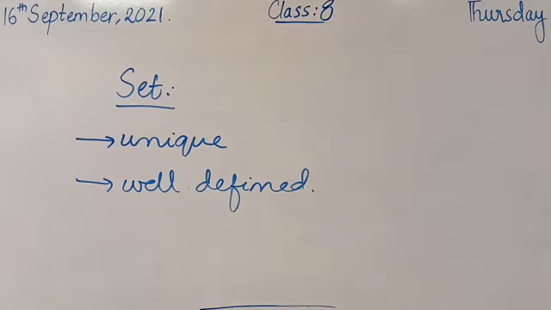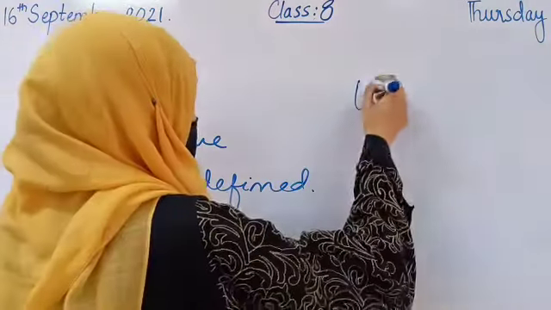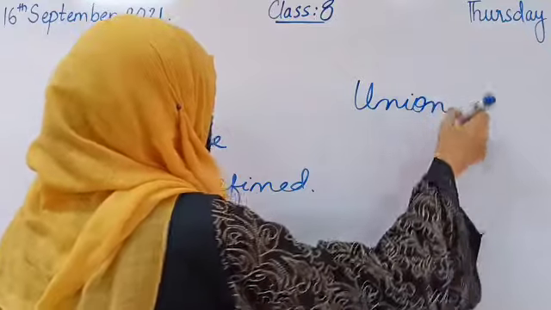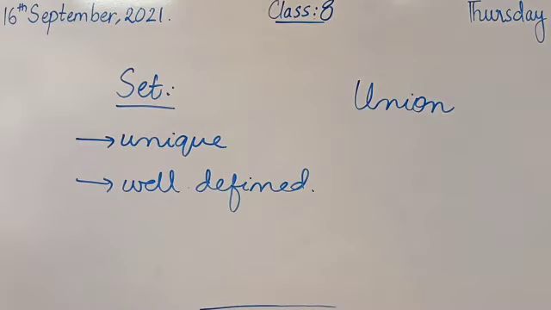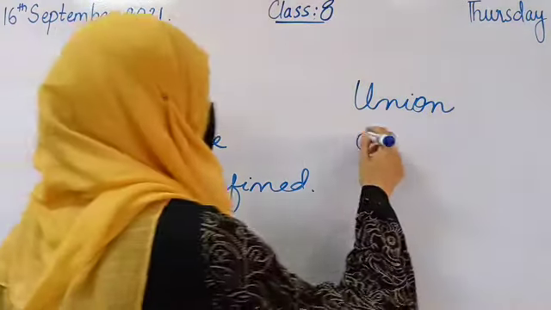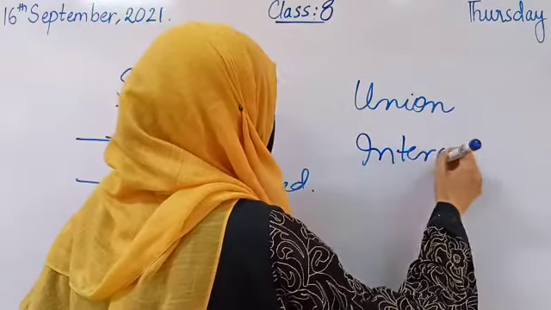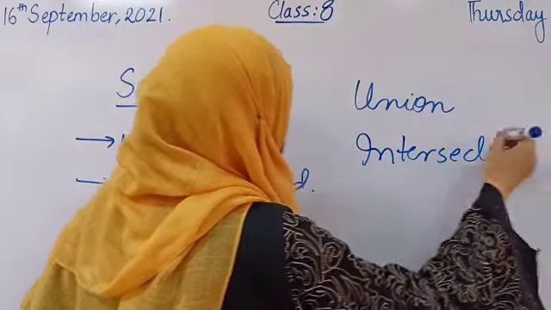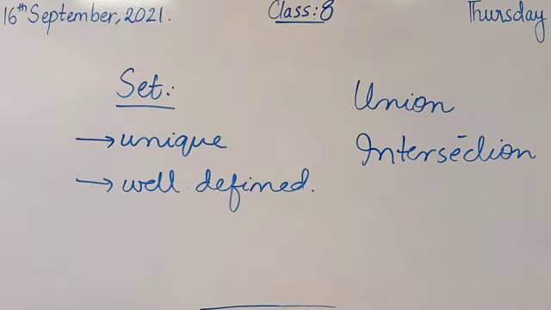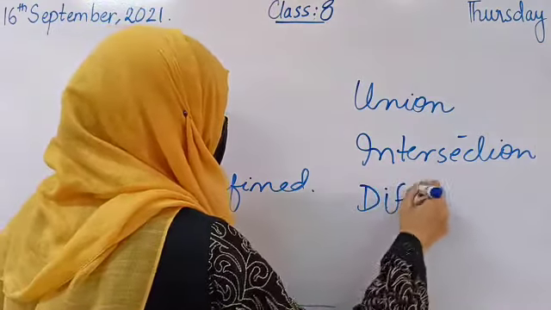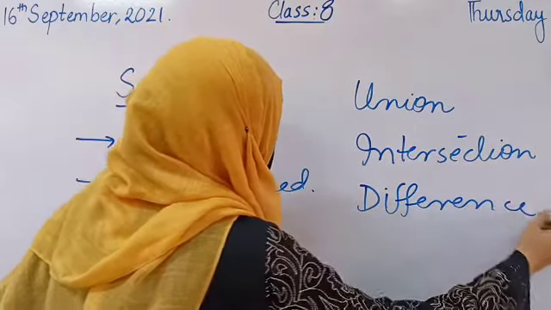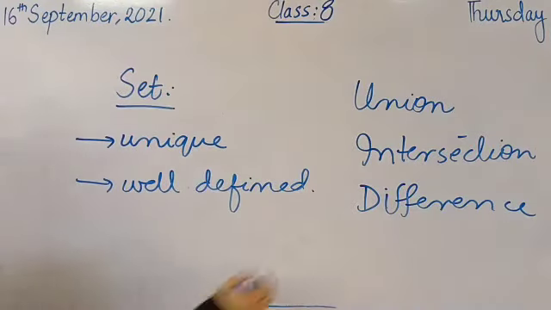The first operation is union. It's just like addition. Intersection: in this we find the same elements. Then difference, then complement.